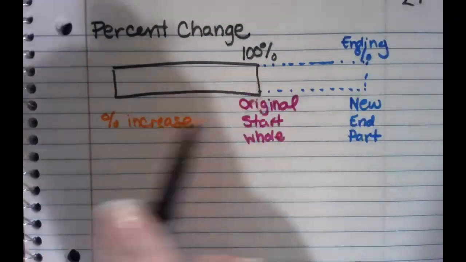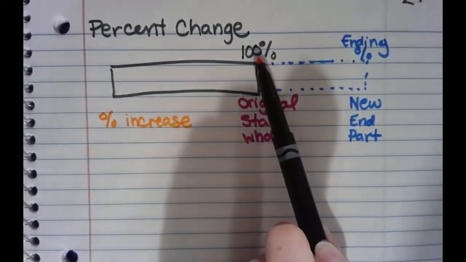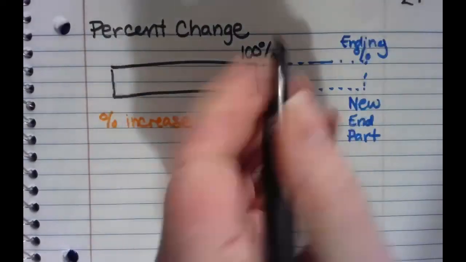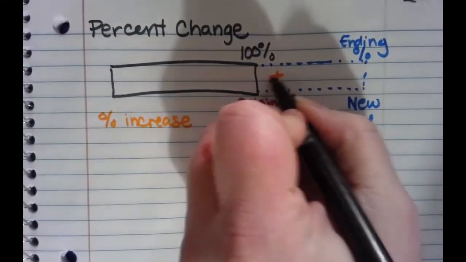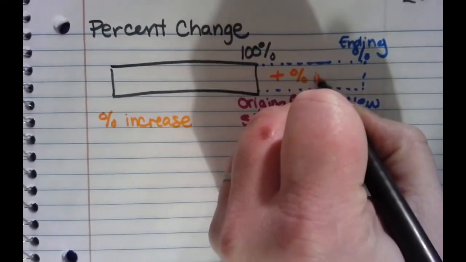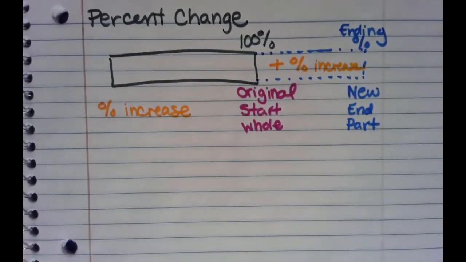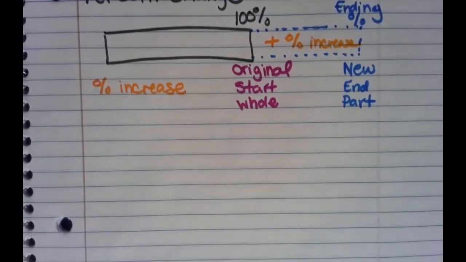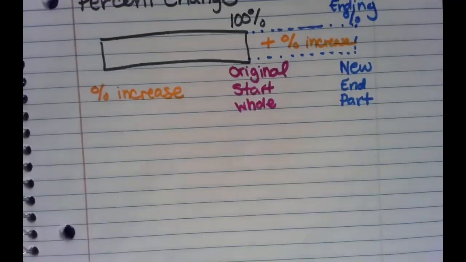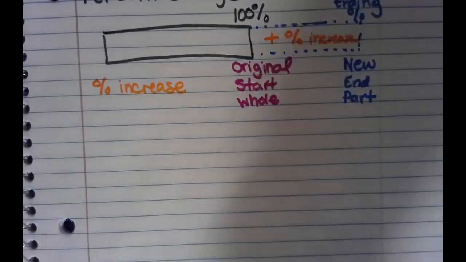What we're going to think about is we always start with 100%, we end with some other percent, and then we figure out what we added, the percent increase. That's oftentimes what we're looking for, that actual number. And we'll look at some examples in a minute.